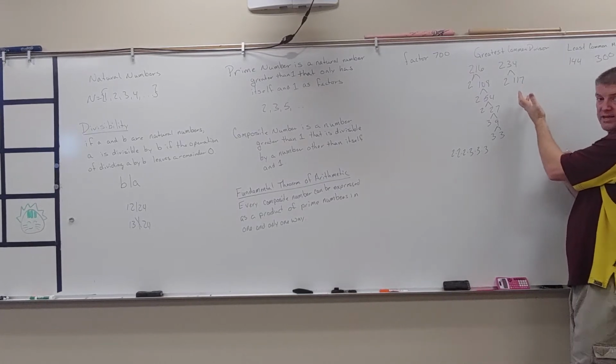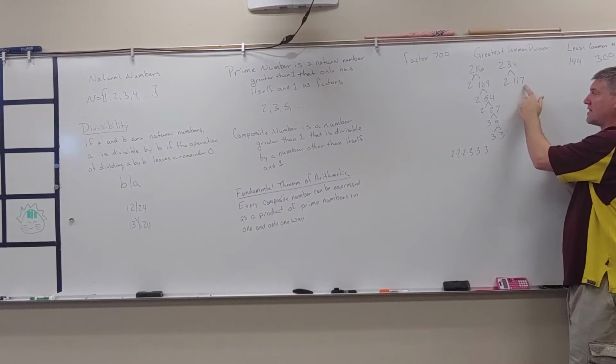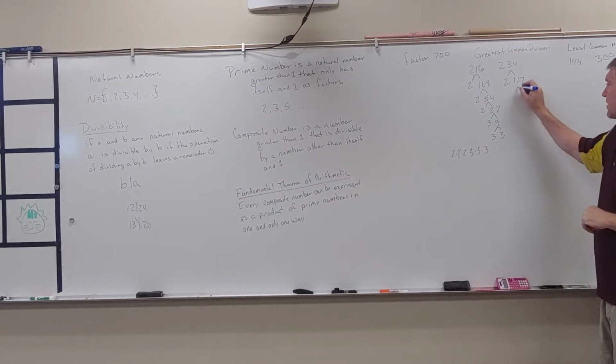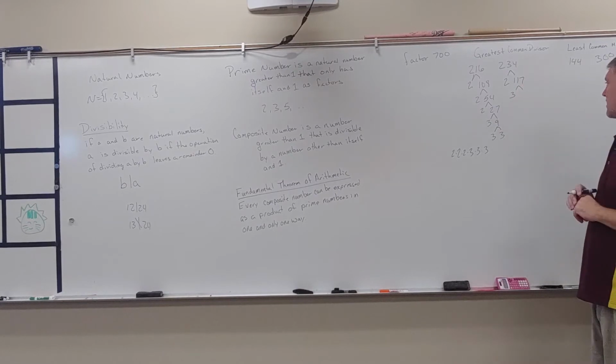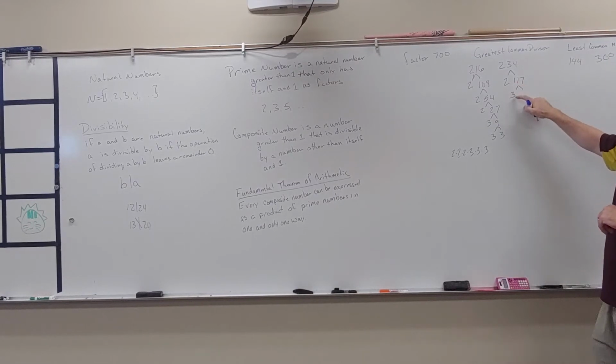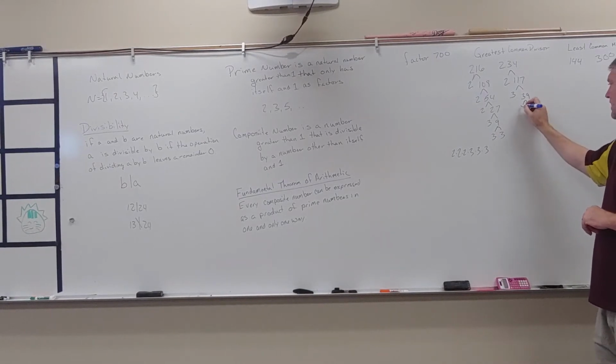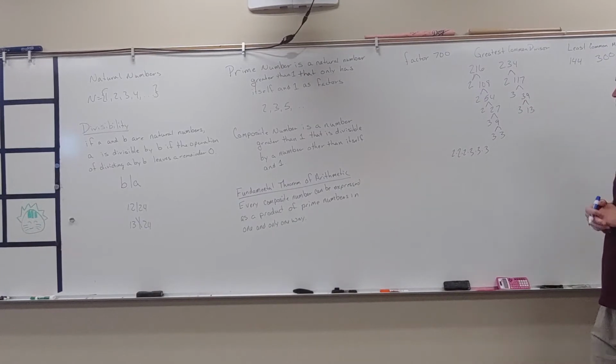A shortcut to tell if it's divisible by 3 is just add the digits. 1 plus 1 plus 7, that's 9, that's divisible by 3. So this gives me, let's see, 3 and 39. So 39 is 3 and 13.